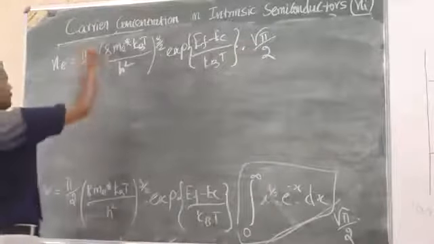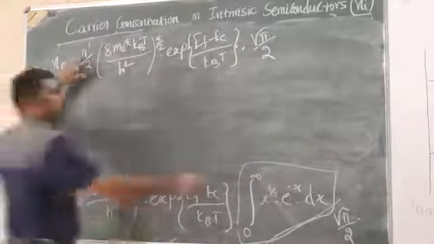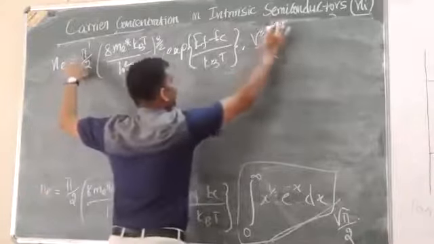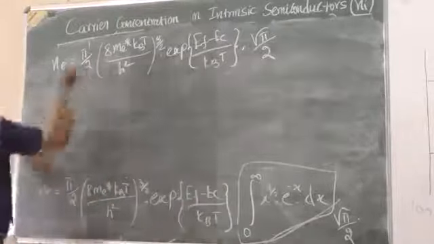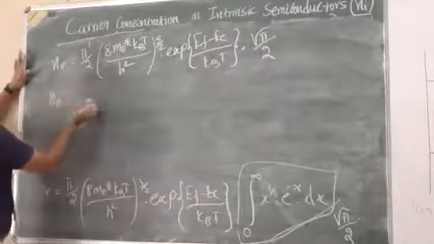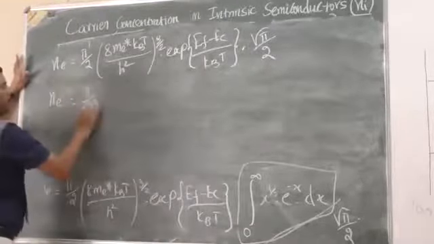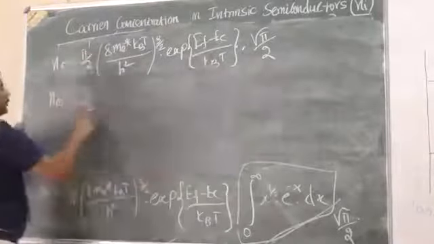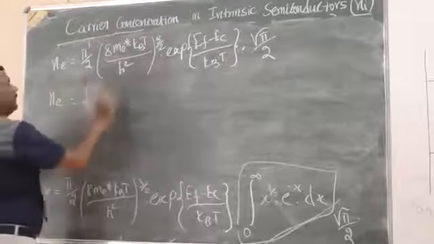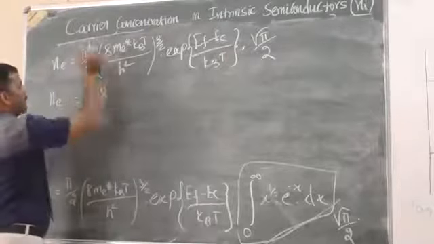Right, very good. This is pi power 1 and this is pi power of, and you know that you can put pi power 3 by 2 here. So n equal to 1 by 2. Already 1 by 2 is here, 1 by 2 is here, so you can write 1 by 4. So 8 pi power 3 by 2.